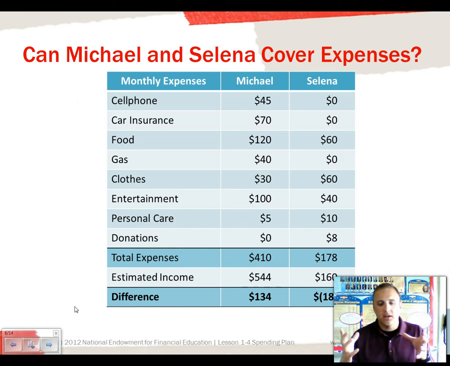Selena, on the other hand, actually is taking in a lower amount of money than what she needs. And if this were the real world, Selena's bank account would be in the red. She would have overdrawn. She would have spent more money than what she actually had. So if we look at these two differences, we know we need to figure out a way to balance Selena's difference. We need to get her back above zero and get her back into the black.